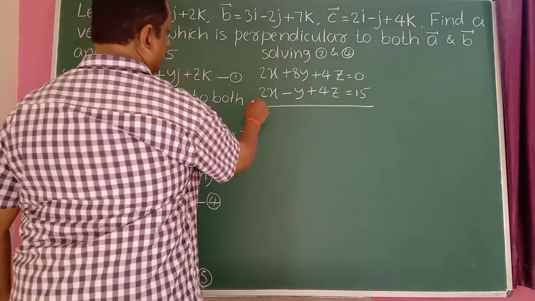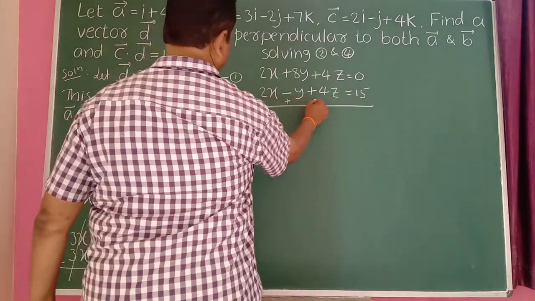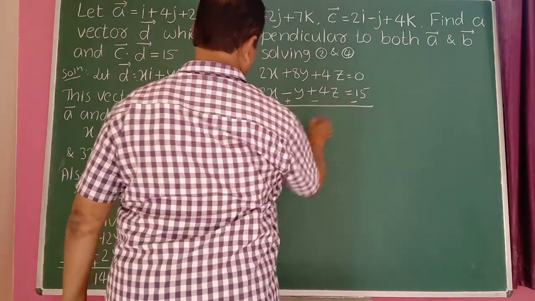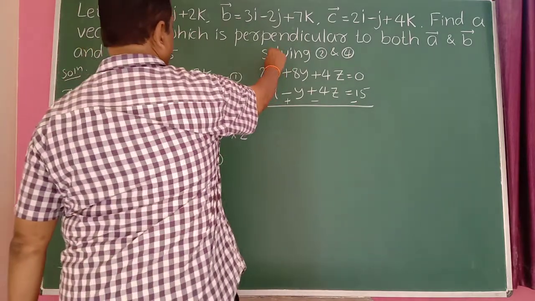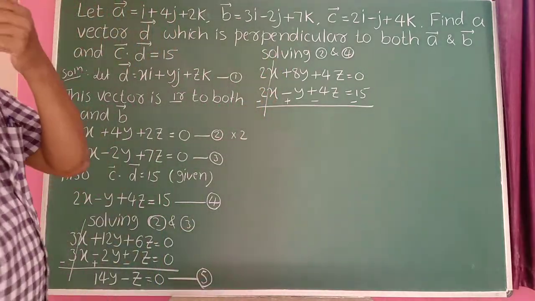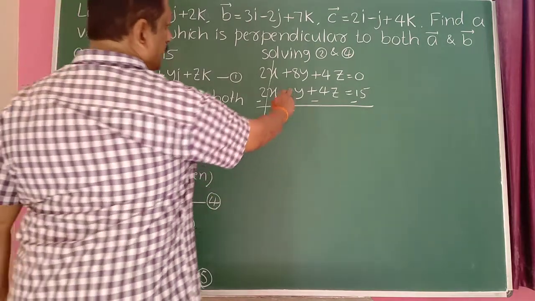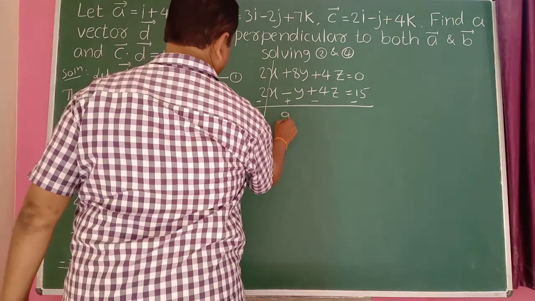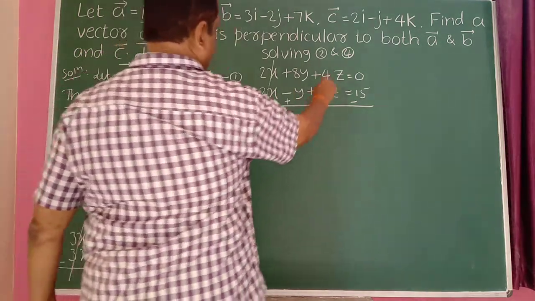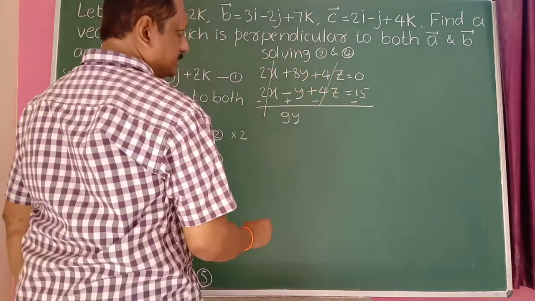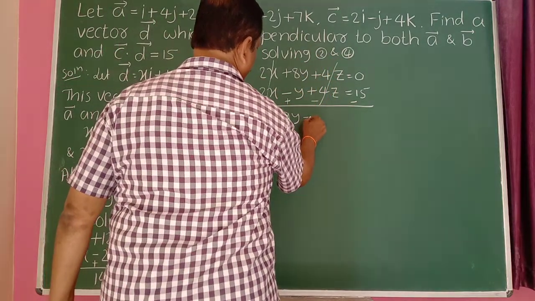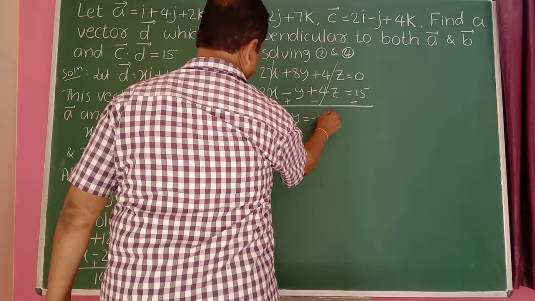Change the sign here: minus, plus, minus and minus. Plus 2x and minus 2x get cancelled. Then 8 plus 1, 9, so 9y. And plus 4z minus 4z get cancelled. That is equal to minus 15.